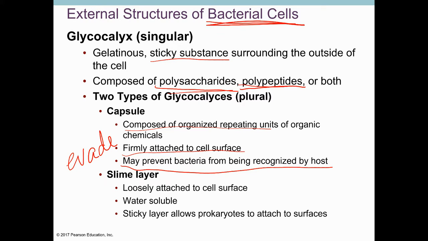It's a lot more sticky, and the function of the slime layer, if a species has it, is for attachment. So we are going to talk about structures that bacteria have that increase their ability, for some species, to attach to some kind of surface. And that can be very important in how they cause disease. So right now we're just learning about the structure itself.